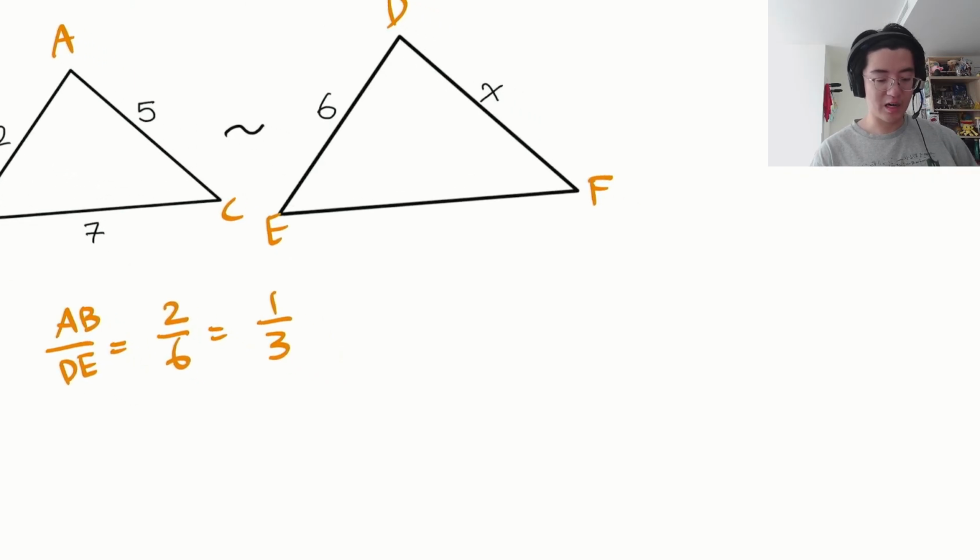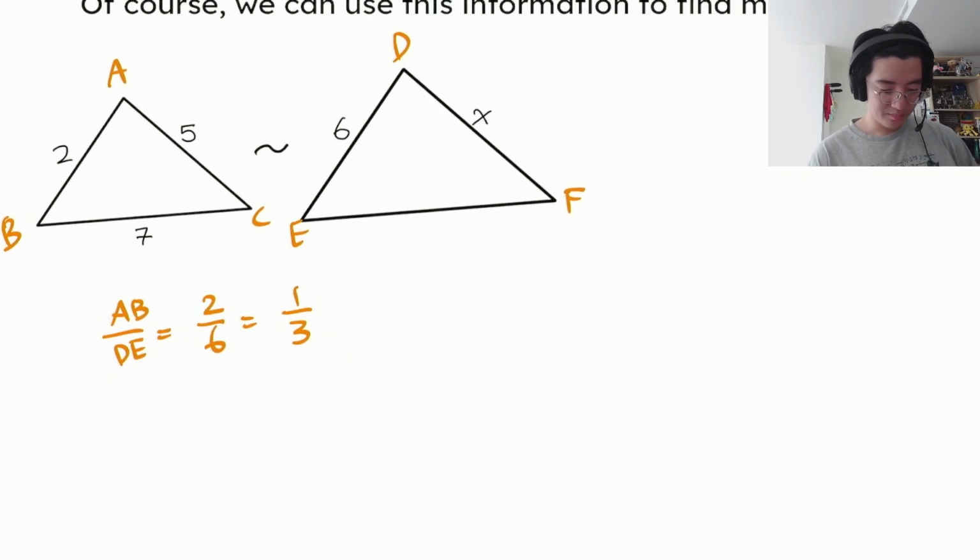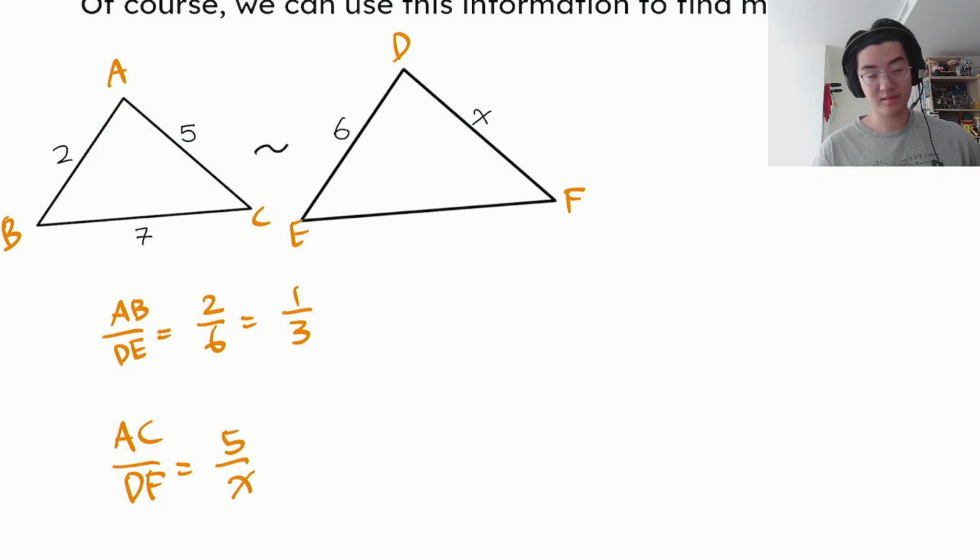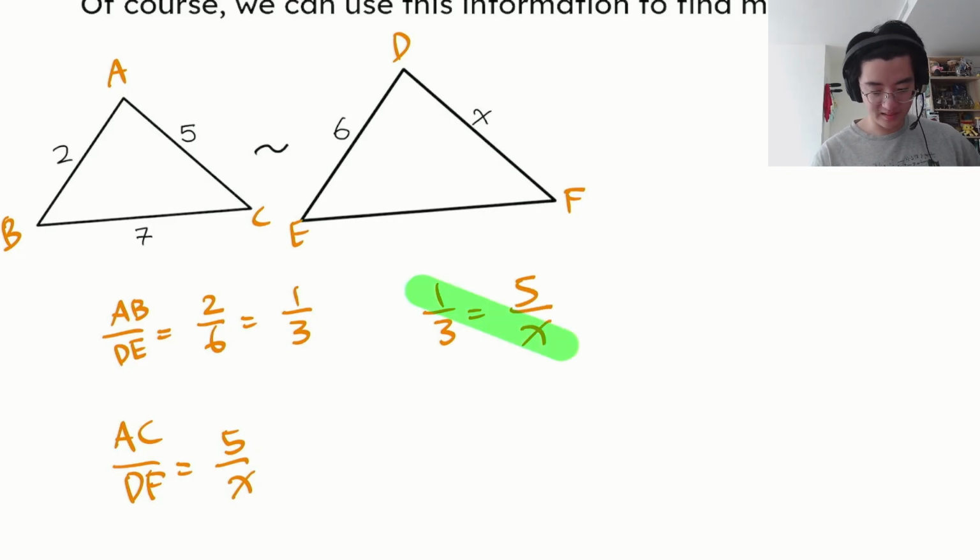So when we do our next proportion involving the x, we're doing AC over DF, which is 5 over x. So from here, we do the cross multiply butterfly. 1 times x is x, 3 times 5 is 15, and then you're done.